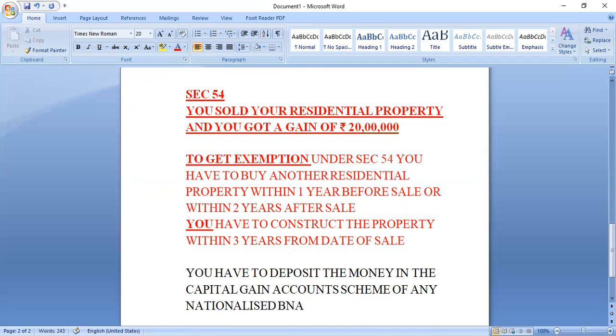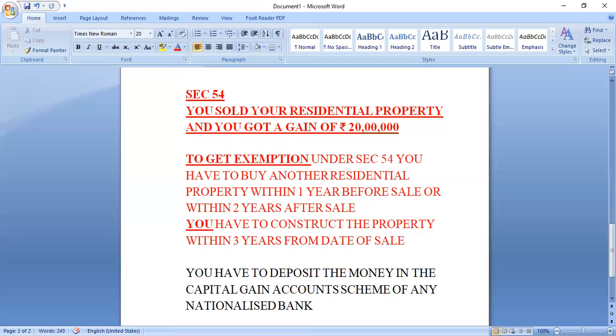If you keep the money with yourself, then you cannot get the exemption under section 54. This is what section 54 says. You are selling a house or apartment, you want to get benefit under section 54, you have to buy another apartment or house, or construct within the time duration, then only you will get the exemption.